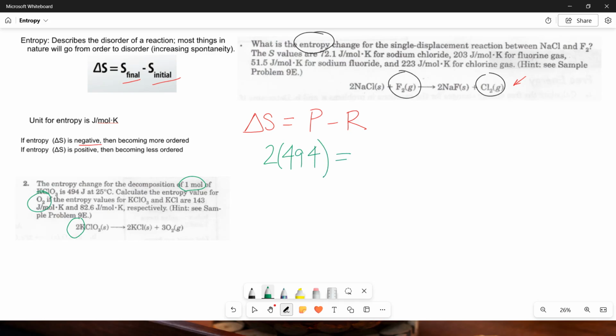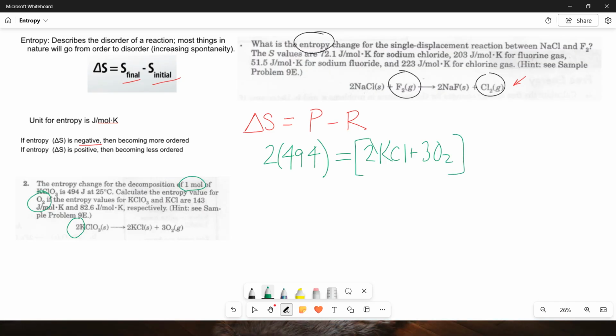So we already have the overall, minus the products, which are going to be 2 KCl plus 3 oxygens minus KClO3. Okay. And there are 2 of those. Don't forget that.